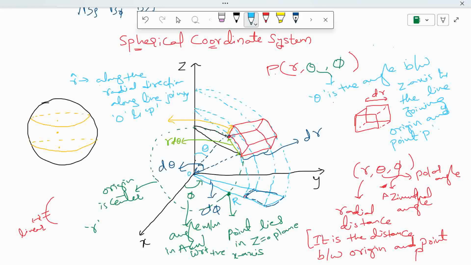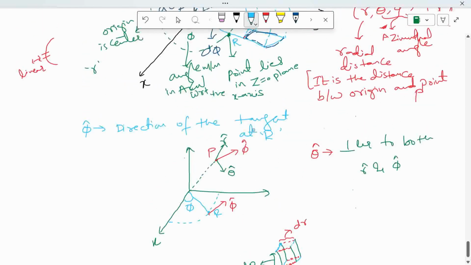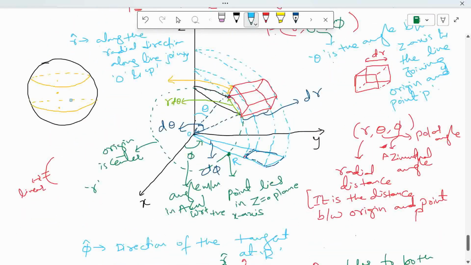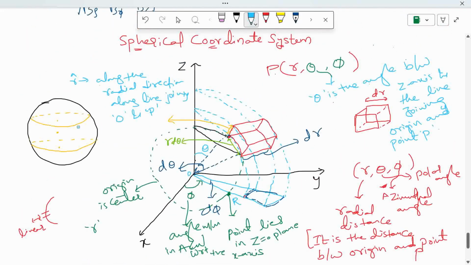This side, which we have marked in sky blue, is forming a circle like a latitude on the sphere. The small section we are taking here is nothing but a small length on the latitude. So this is what we need to find. This latitude is a circle, and now we have to determine the radius of this circle.